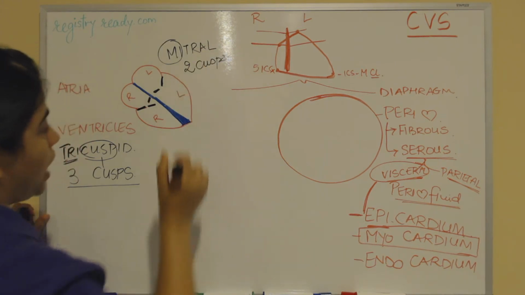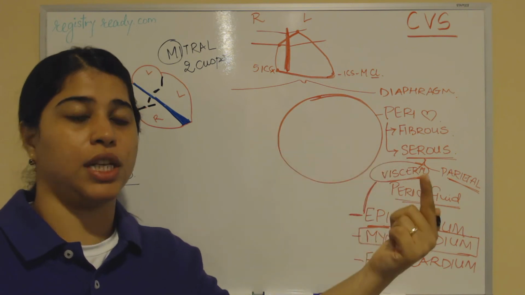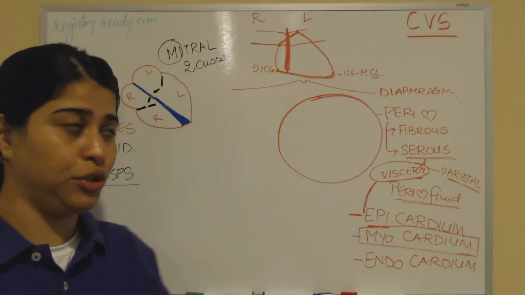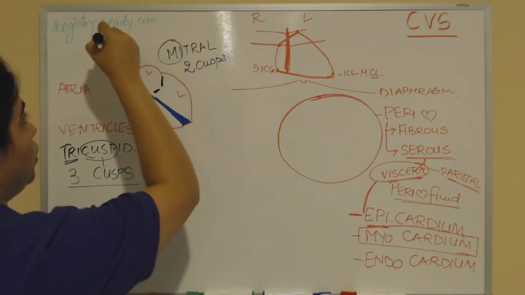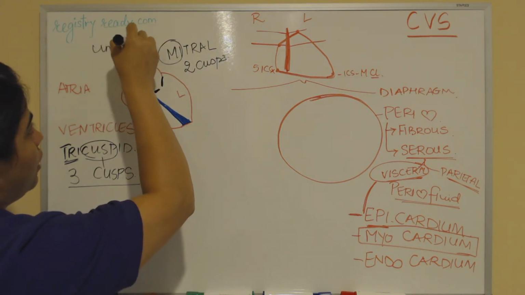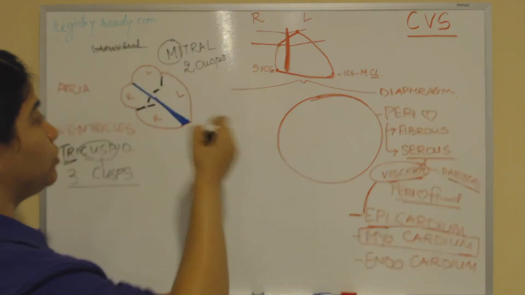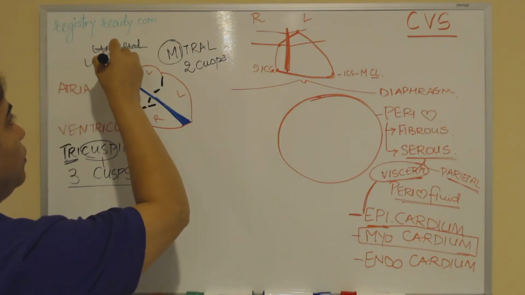And these two valves make sure that blood does not flow from the ventricles into the atria. It maintains a unidirectional flow. So what do the valves do? They maintain a unidirectional flow.